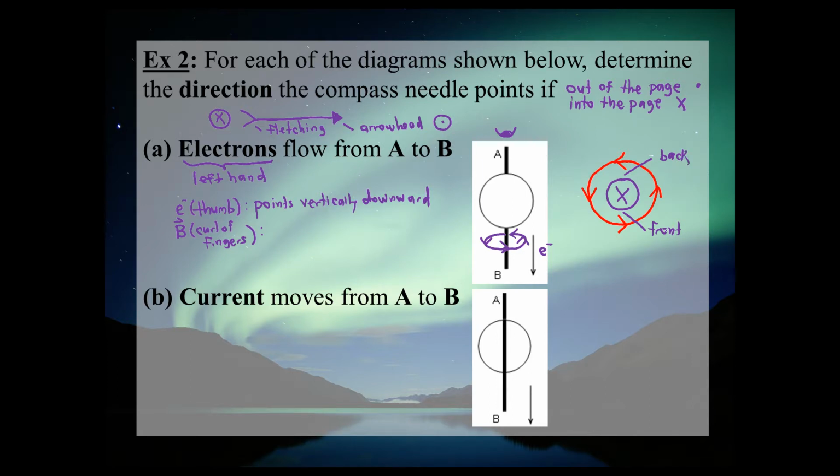So what I want to look at is, in the front, what direction is the magnetic field pointing? Whatever direction the magnetic field is pointing, that's the direction the compass needle deflects. At the very top right here, the magnetic field's pointing towards the right, so that's going to cause the compass needle to point towards the right.